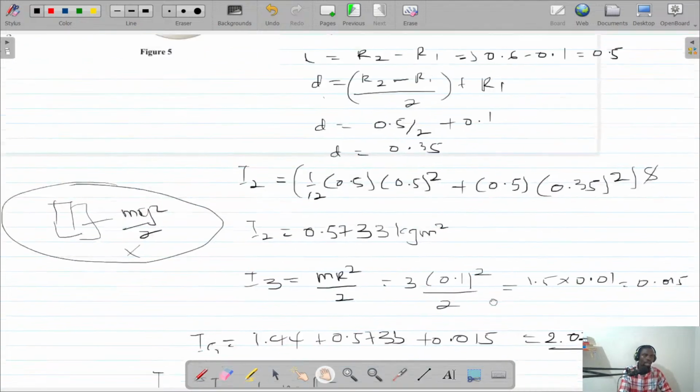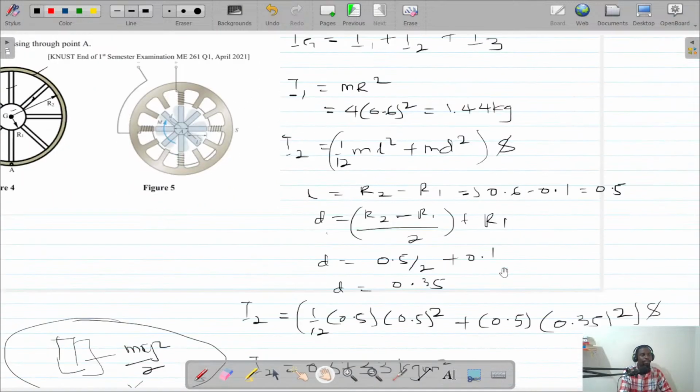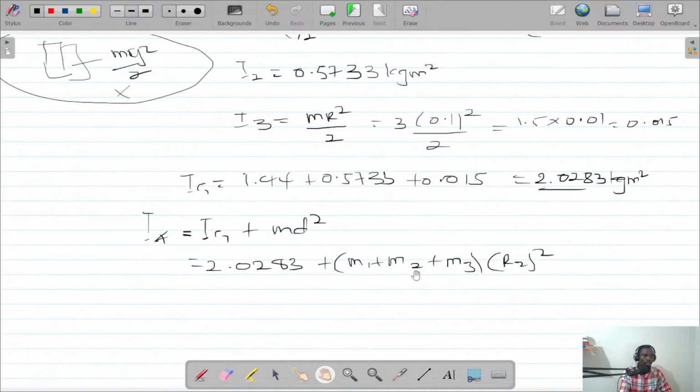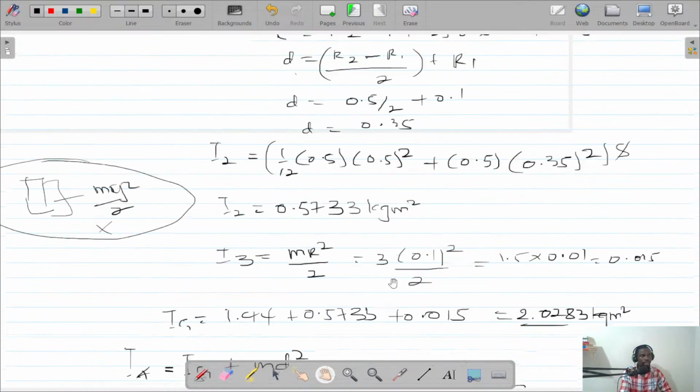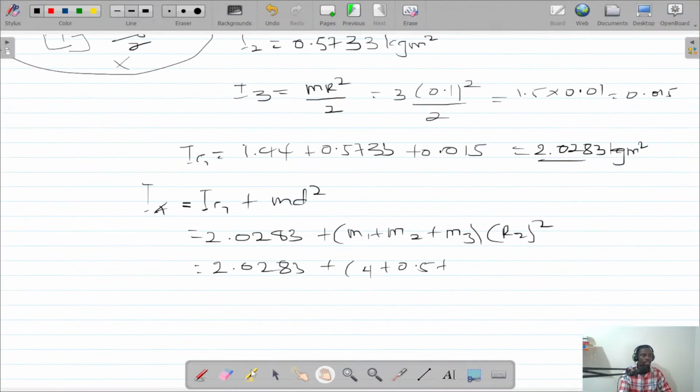Our mass 1 is 4, mass 2 is 0.5, mass 3 is 3. So we're going to have 2.0283 plus 4 plus 0.5 plus 3, multiplying 0.6 squared.